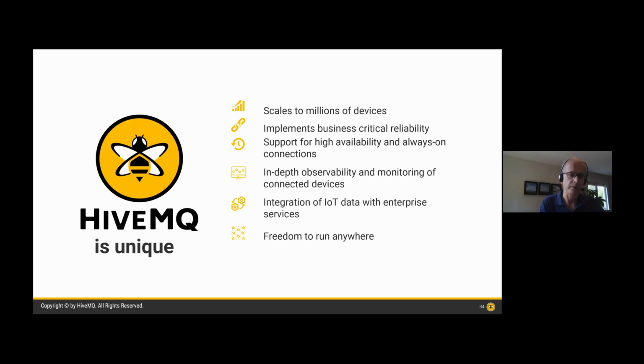This is really important because often an MQTT system can be a black box to people. So you need to be able to go in and see the message flow, and see what topics the client is subscribing to or not subscribing to.